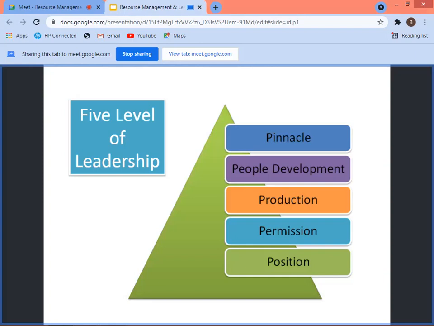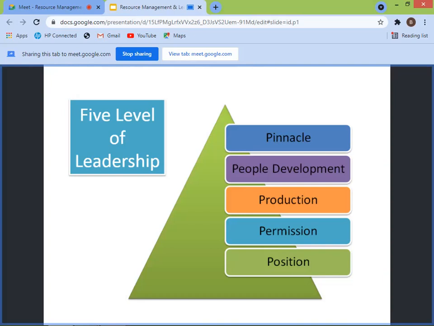And then the second level is permission. Now you have improved as a leader, and the followers have given you permission to lead them. Now the people are following you because they want to, and also because they have to, since you have the position. They want to because they know you're good now.